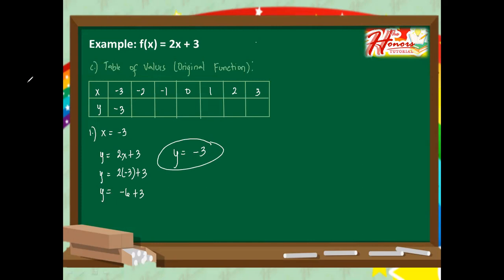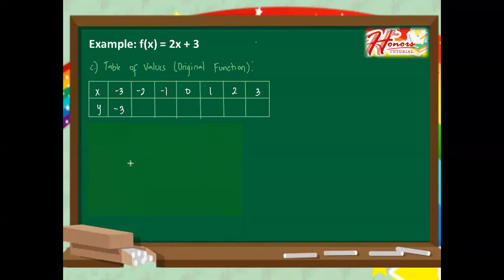Next, let's have the value of y when x is equal to -2. So x is equal to -2. The original function is y equals 2x plus 3. Substitute the value of x, that's -2.